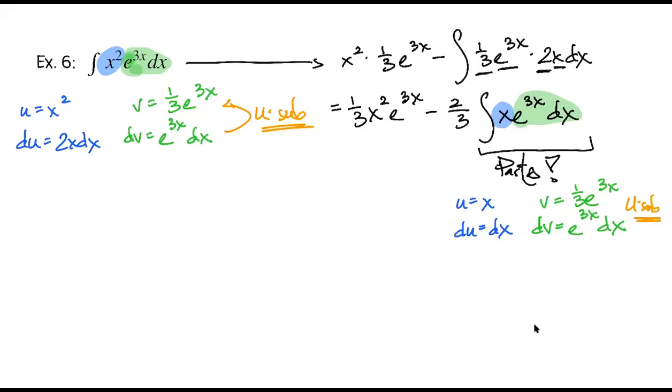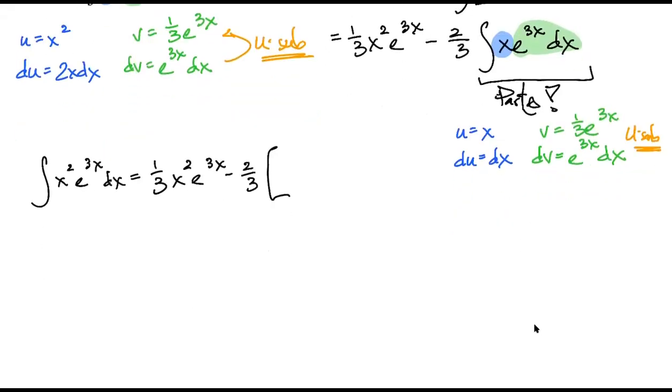Now I'm going to go ahead and write out the whole problem and let's see where we are. So my original problem was the integral of x squared e to the 3x dx equals, we had our 1/3 x squared e to the 3x minus 2/3, and I'm going to open up a bracket here.